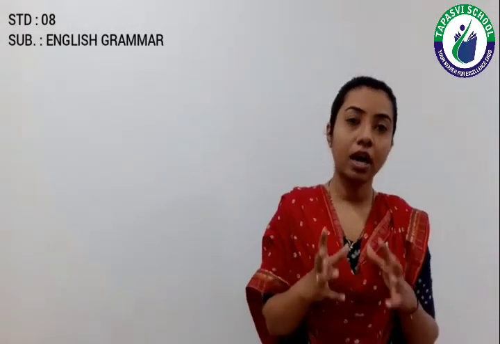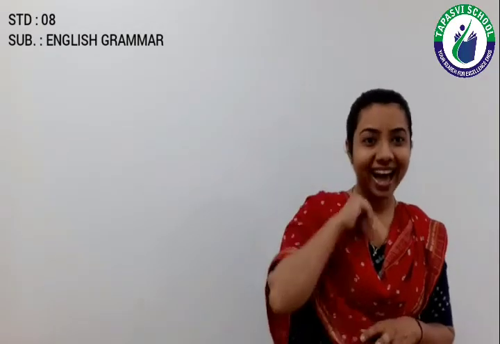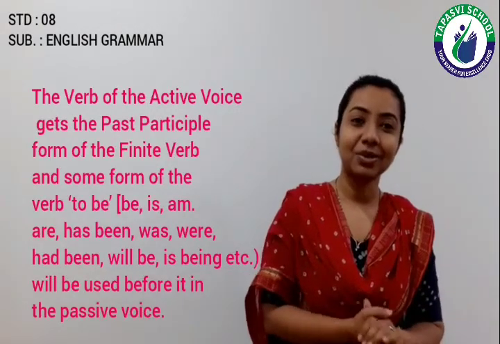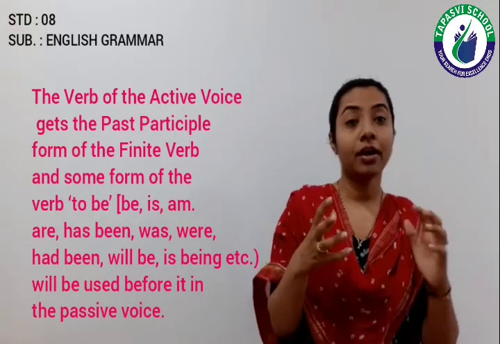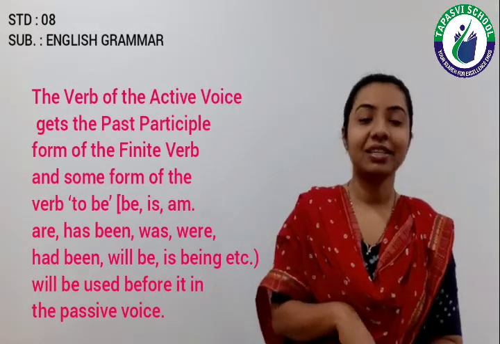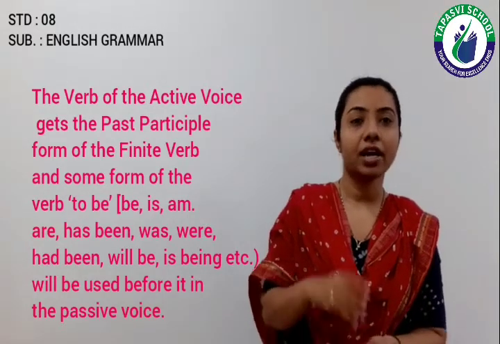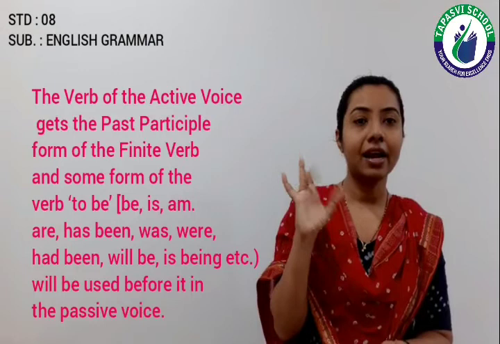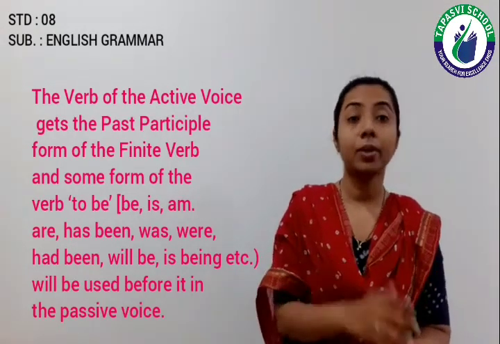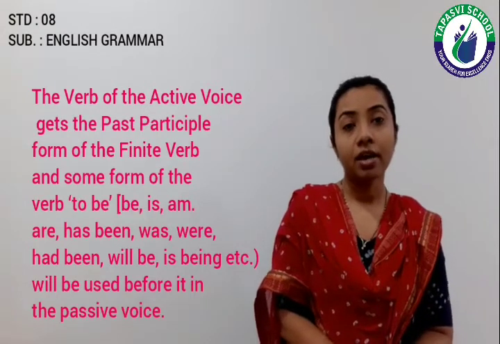Now can anyone tell me what are the to be's forms in present tense? How many of you can tell? I know you all are very intelligent, very clever, and very good at grammar, so you know the answer. The to be's forms in present tense are am, is, and are, right? According to the subject, singular and plural, we have to choose the to be's form.